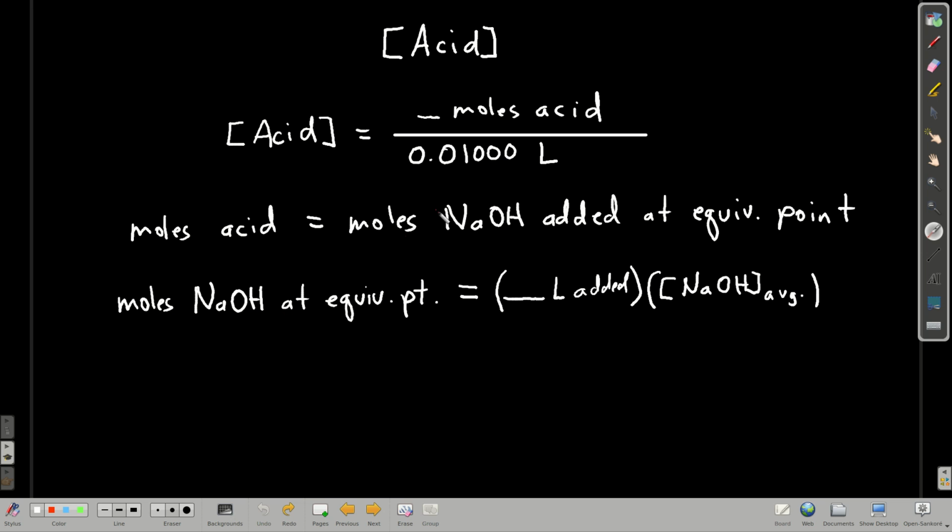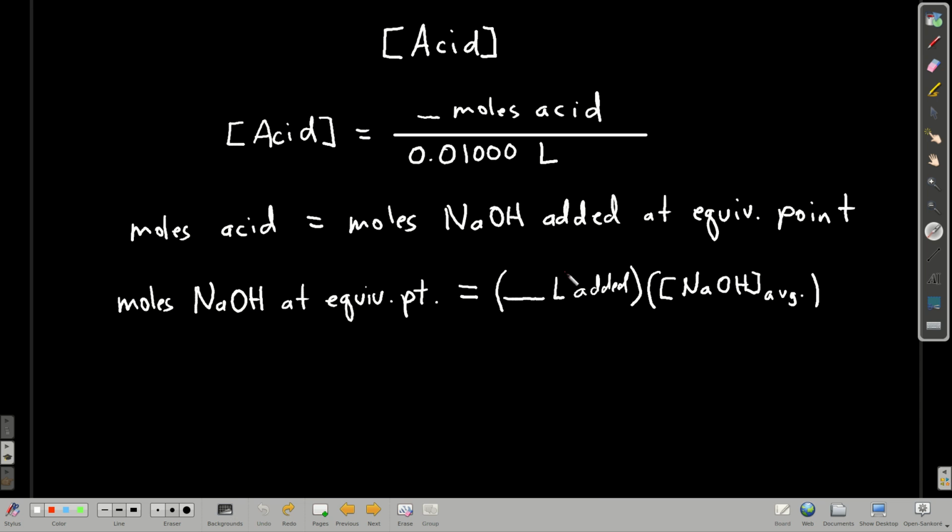And so if you know this, which goes here, well, to get this, because you now know the concentration of your sodium hydroxide, it's whatever your average was from just before. Just take the concentration, the moles per liter, times the liters that you added at the equivalence point. Just like before, you found the pH and the volume of sodium hydroxide solution added at the equivalence point.